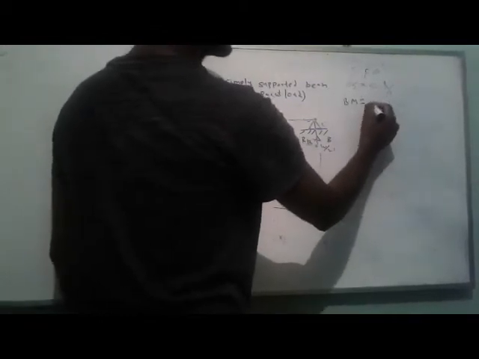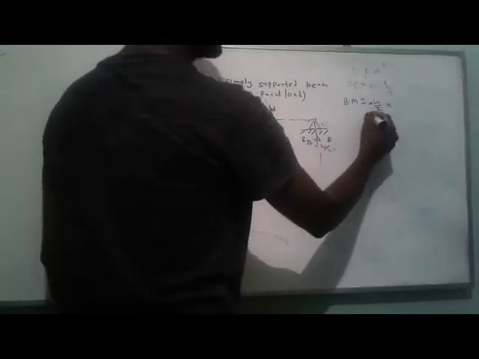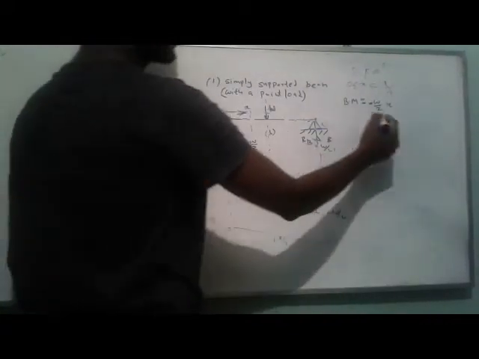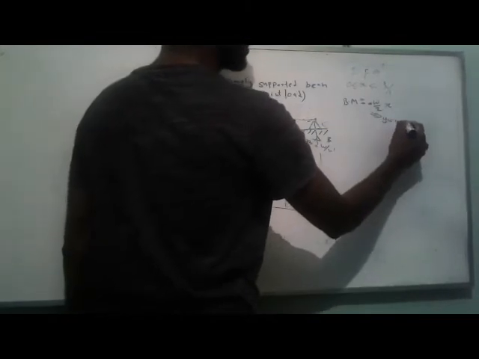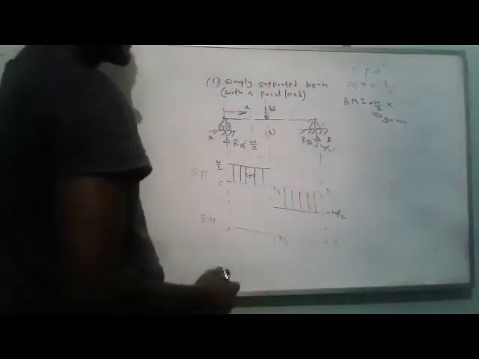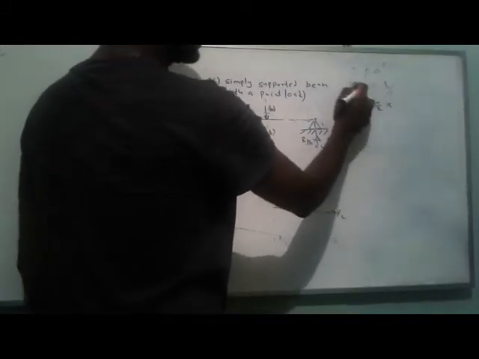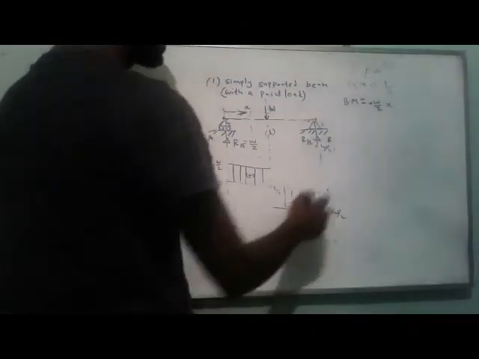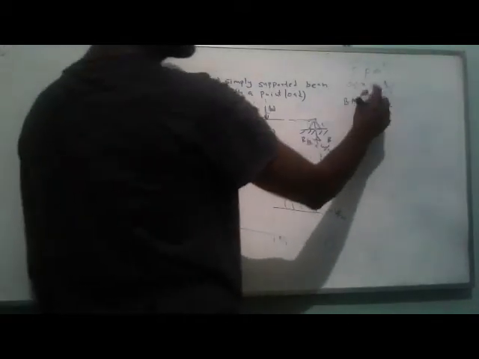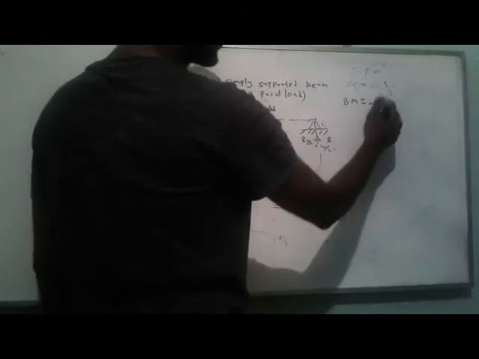So you think that there is a linear variation here, minus Wx over 2 is a linear variation. It is similar to the equation y is equal to mx. This is the equation of a straight line which goes through the origin. When x is equal to 0, the minimum, we substitute for x and get bending moment 0, and the maximum x value is L over 2.